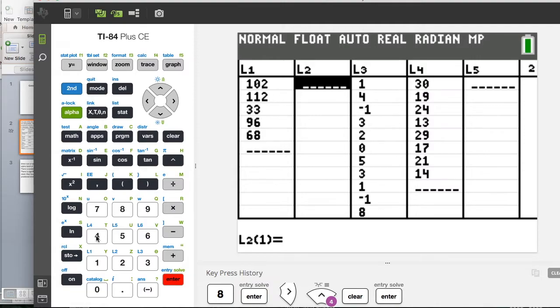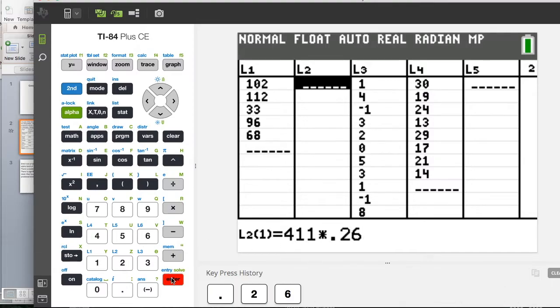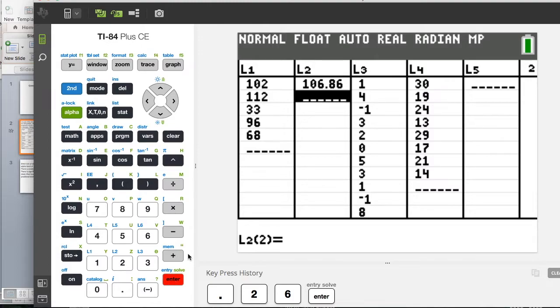I know my total is 411, so you actually can do the math right here. It has to be the total times the percentage for that category. 411 times 0.26, and there it's giving me my 106.86 for my expected value.